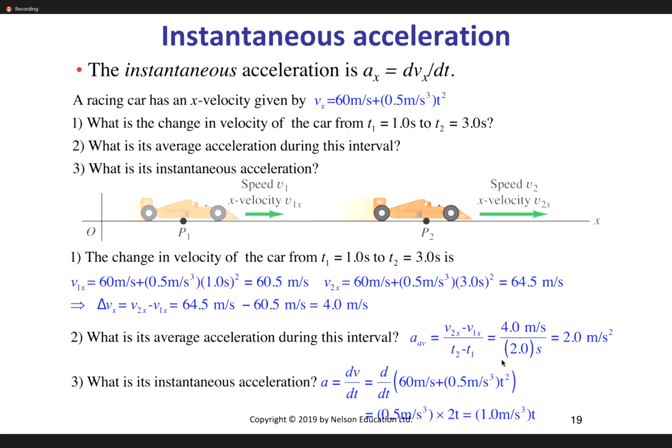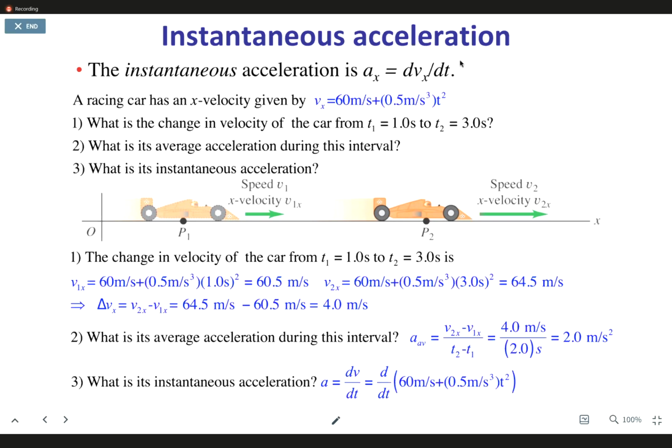Matthew, I have a quick question. Yep. So in the first equation that you showed, for number 1, I was a little bit confused on how we added the 60 meters per second and then the 0.5 meters per second cubed. Is there any unit difference? Good question.